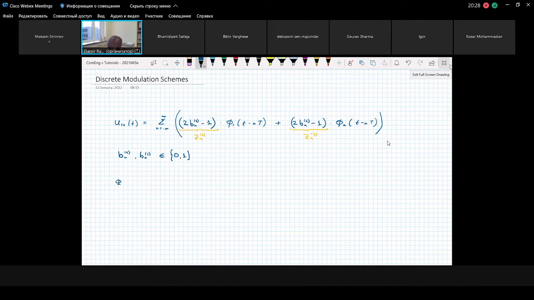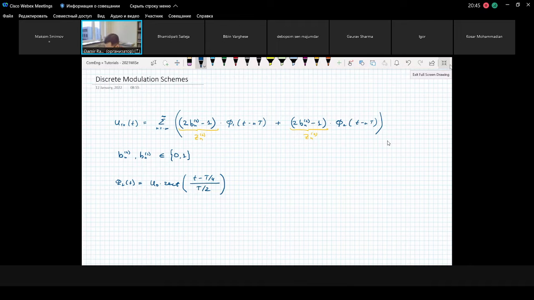We can write phi1(t) equals u0 times a rectangular pulse, (t minus T over 4) divided by T over 2.